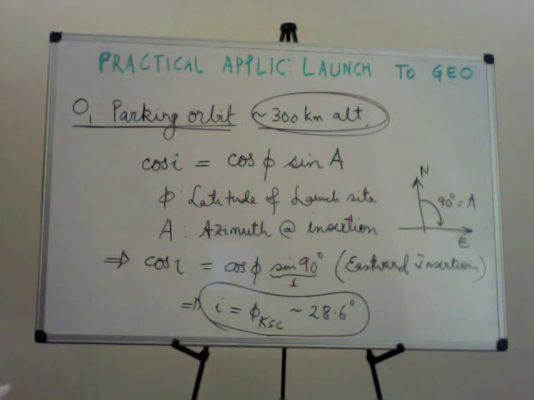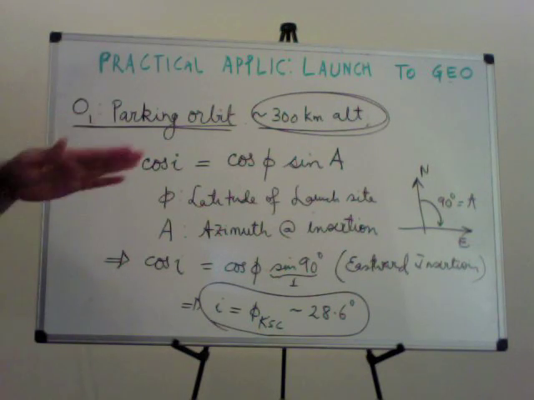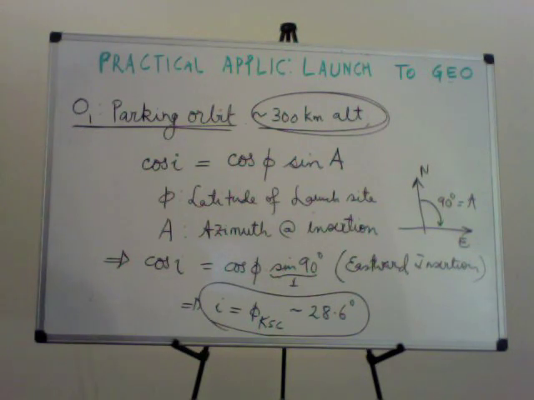Now our final destination is O3, which is GEO. And like I said earlier, there are many different ways of getting there. The first way, the picture that I drew a little while ago, was to go from O1 to O2, which is an intermediate orbit, the same as O1 except that it has zero inclination.